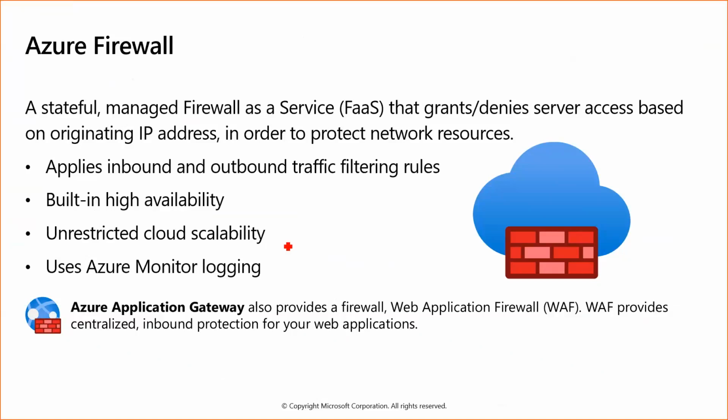We can apply inbound and outbound traffic filter rules, like incoming requests and outgoing responses we can filter using Azure Firewall. It has built-in high availability, unrestricted cloud scalability, and it uses Azure Monitor logging.